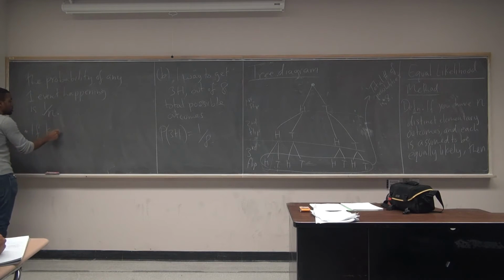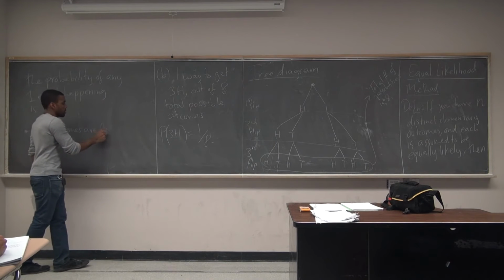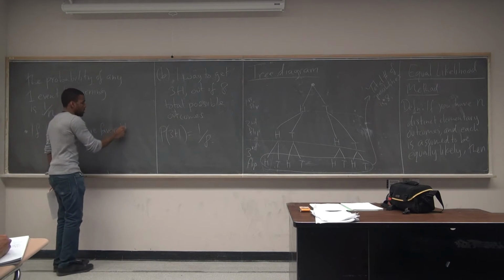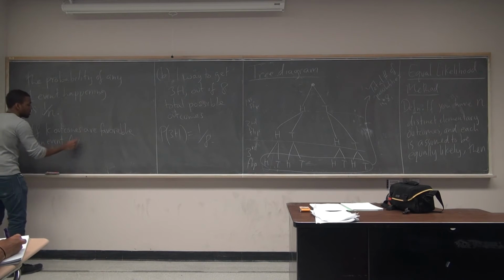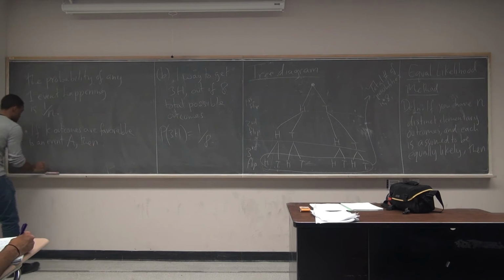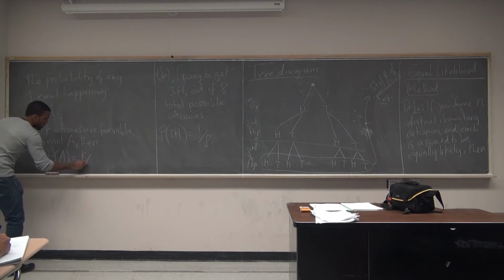If k outcomes are favorable to an event A, then the probability of A is k over n.